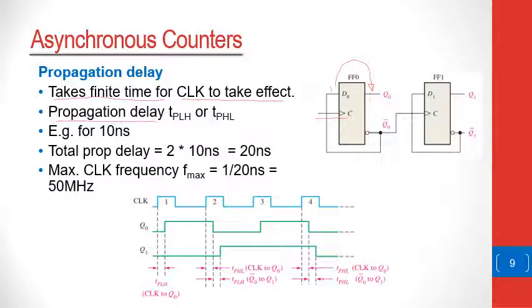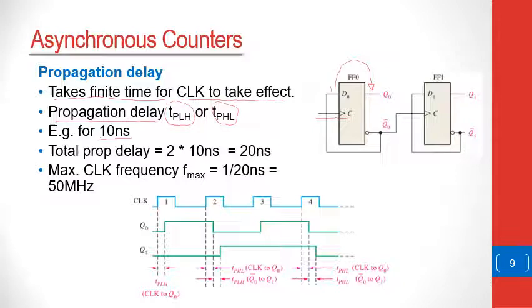We know from the previous module that propagation delay can be defined as the delay from low to high, or from high to low. Sometimes they are different, but the propagation delay of a circuit is normally given as an average of the two. So let's say here they are the same, and this propagation delay amounts to 10 nanoseconds.